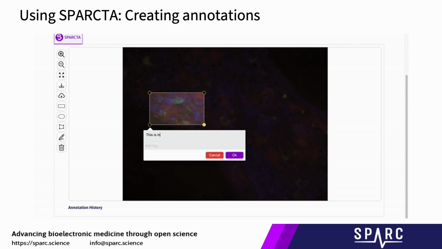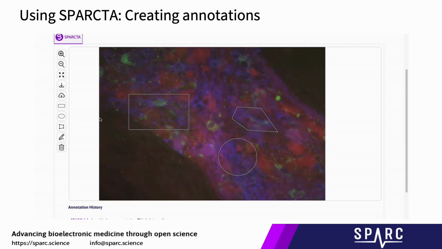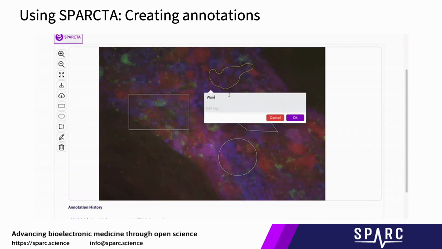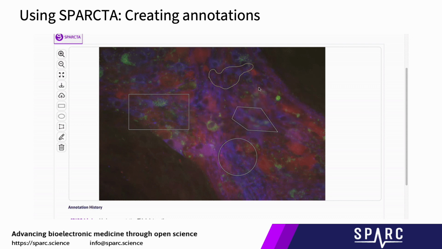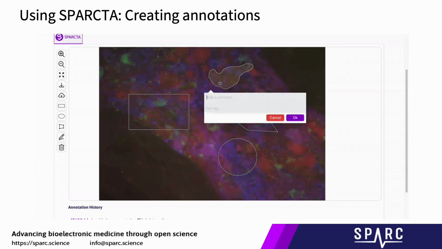You can add comments, you can add tags. And the annotation shape is not only a rectangle, but it also comes in different shapes. For example, you can use an ellipse, you can use a polygon, and for some specific tissue that you want to highlight in more detail, you can also use our freeform annotator.